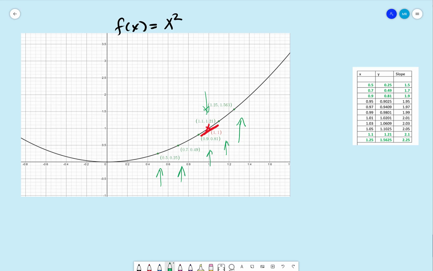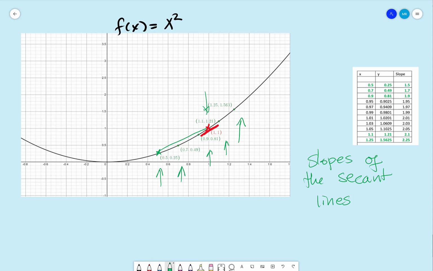We can look at the slopes of the secants. Okay, so we're looking at the slopes of the secant lines that are defined by these points and the point of interest. For instance, that line there.